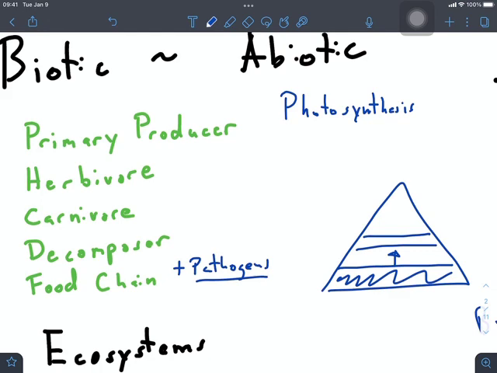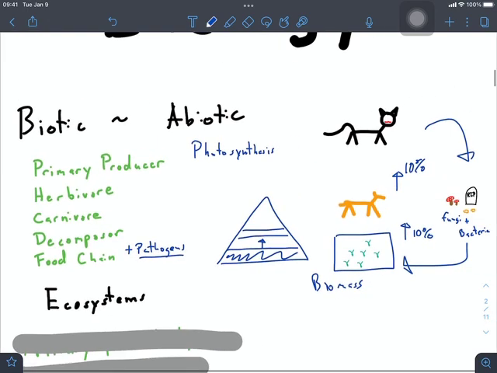But of course, pathogens are microorganisms that are able to attack either primary producers, herbivores, carnivores, or even decomposers, and speed along their recycling through the food chain by killing them and then making them available to the decomposers earlier.